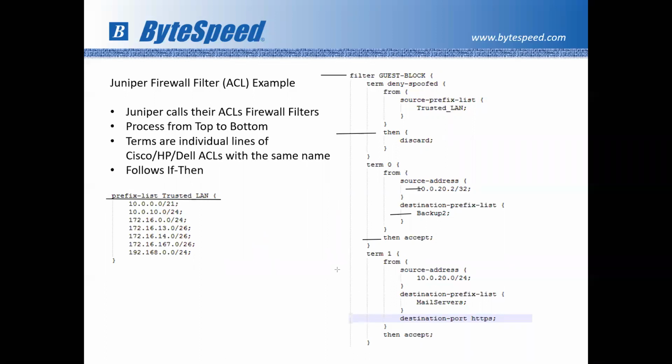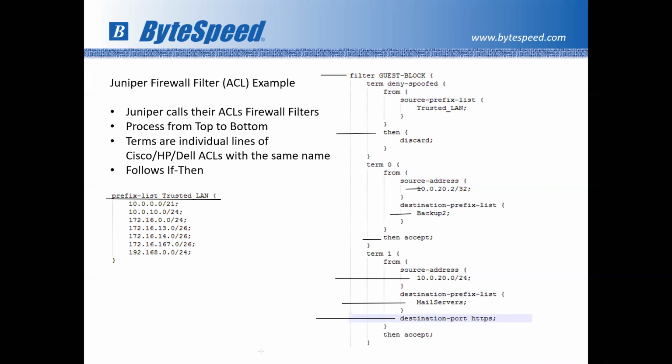So we can do the whole guest network here at 10.0.20.0/24. Destination, again, we're using a prefix list, mail servers. We could just put a destination address of an IP or a subnet, but then we can also add what port we're using.